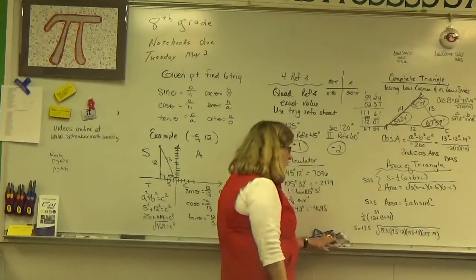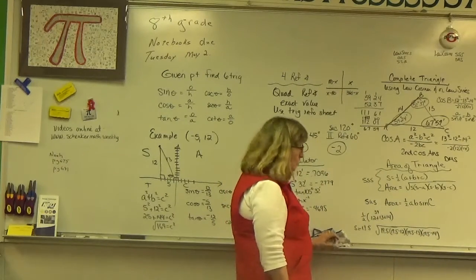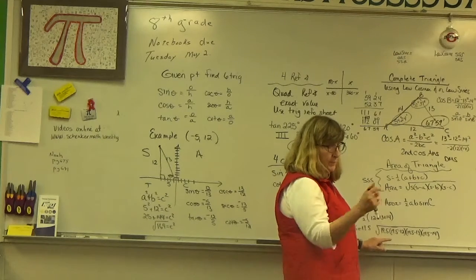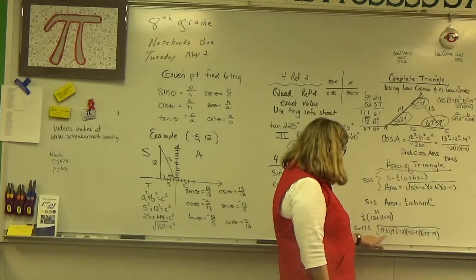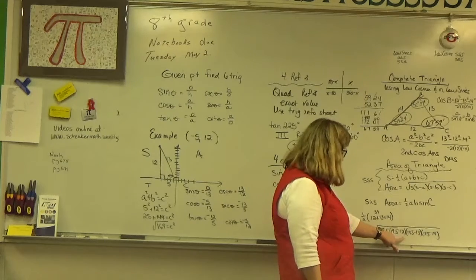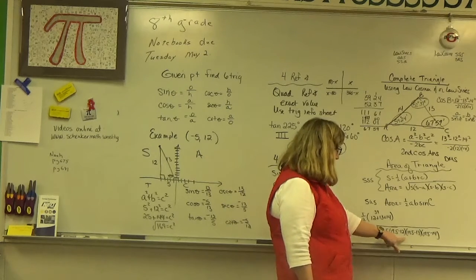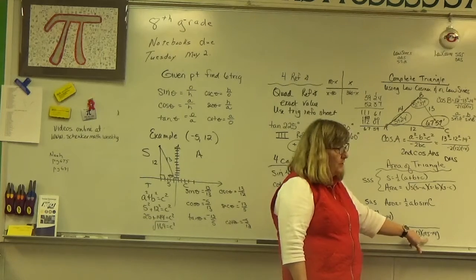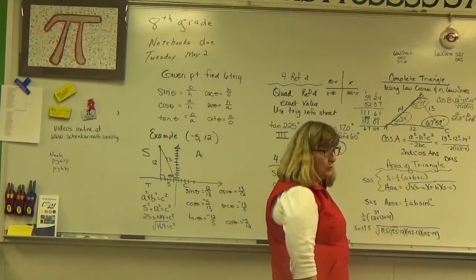Once you hit equal on that one, then you can square root the answer. I'd probably save the square root for the end, because some people may make mistakes typing things into their calculator. But it'd be 19.5 times parentheses 19.5 minus 12 times parentheses 19.5 minus 13 times parentheses 19.5 minus 14. Hit equal and square root your answer.